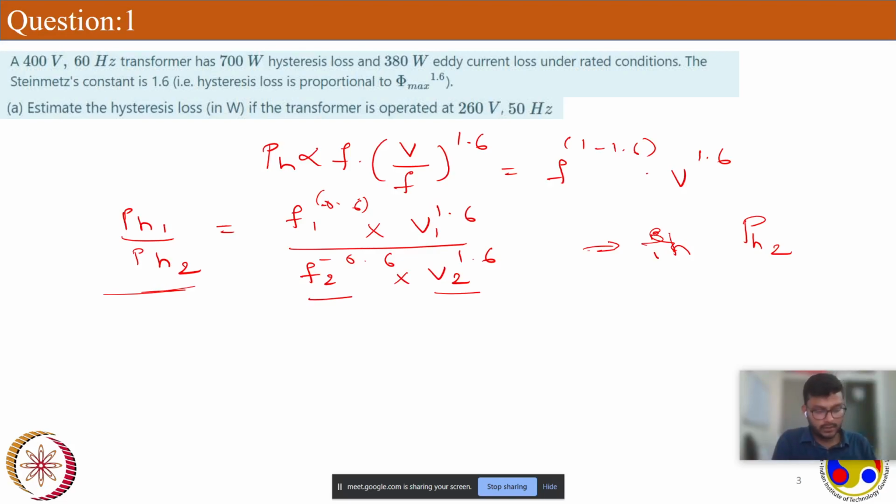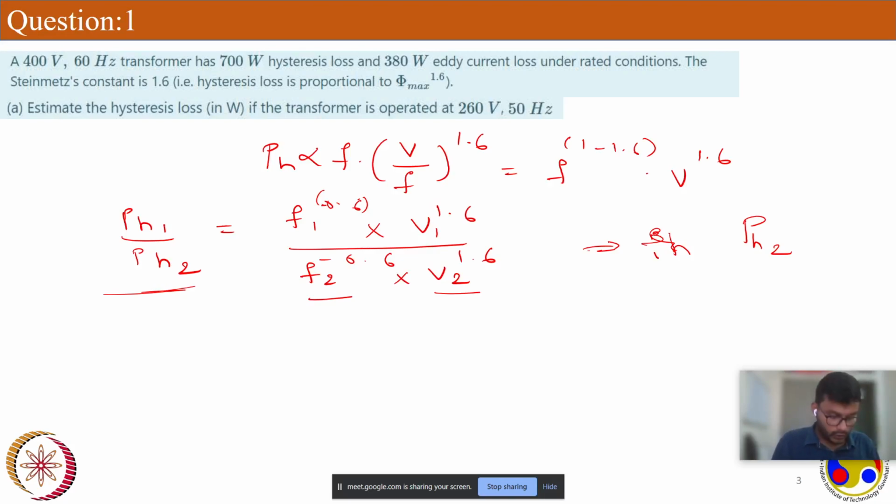F2 is 50 Hz, F1 is 60, power minus 0.6, multiplied by V2 by V1.